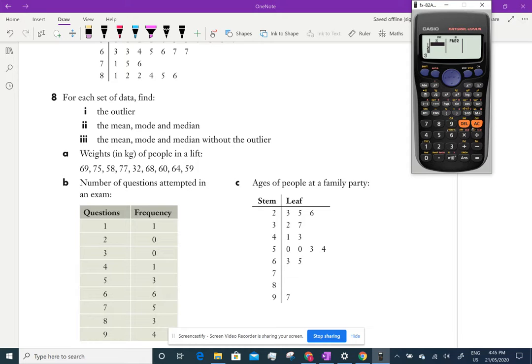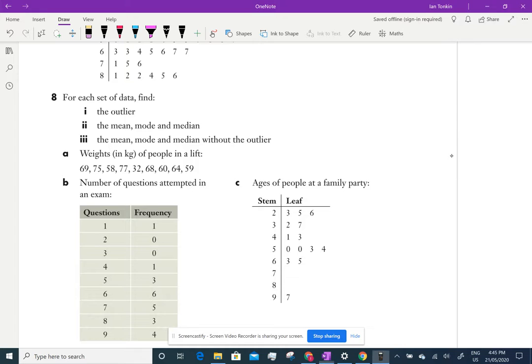So I've got to be careful here on this stem and leaf. I've got 23. Remember that is 23 and that's 25 and that's 26.